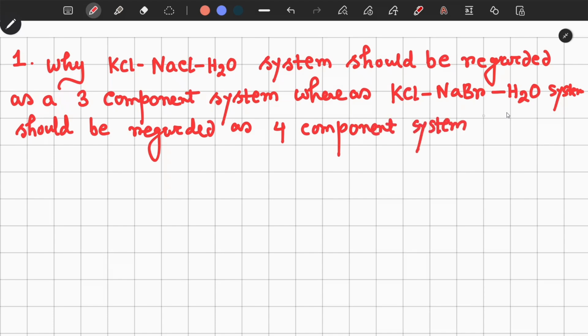There are two common Cl minus, so one more restriction added here.